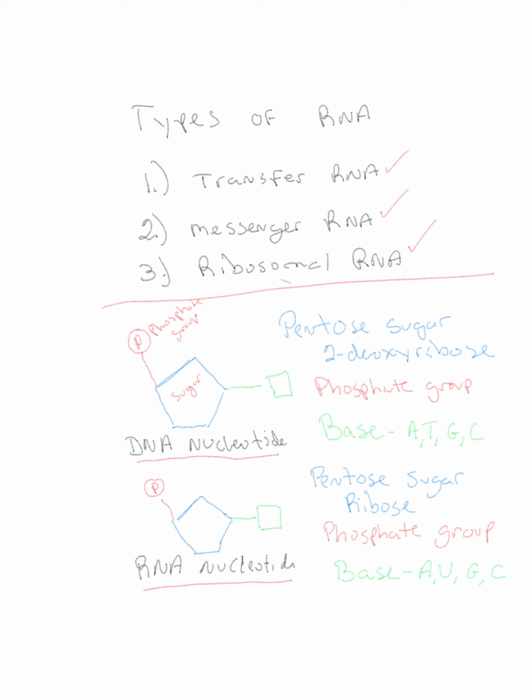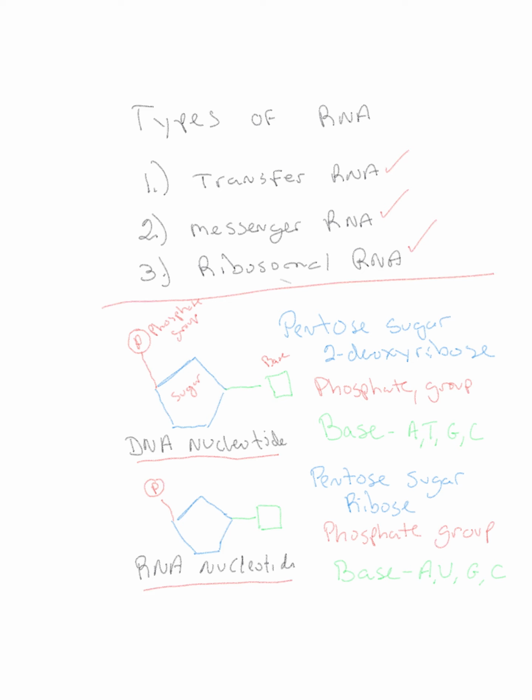And then the green represents the base. DNA has adenine, thymine, guanine, and cytosine, so this base can be any of those, depending on which nucleotide it is.